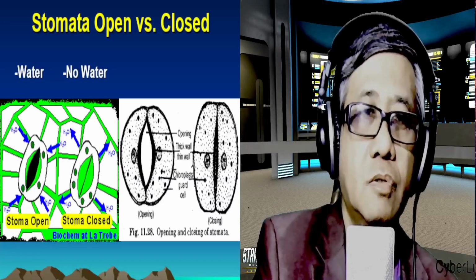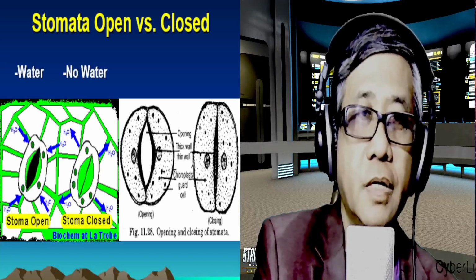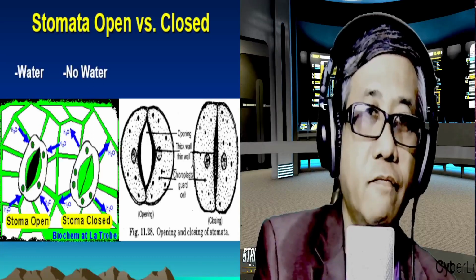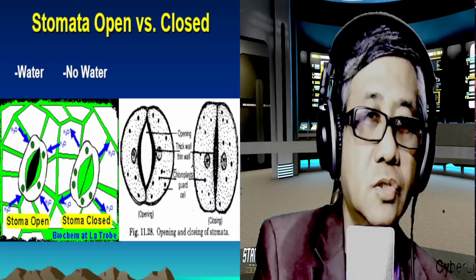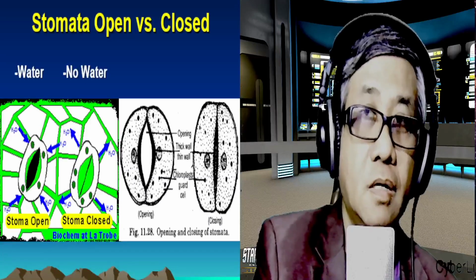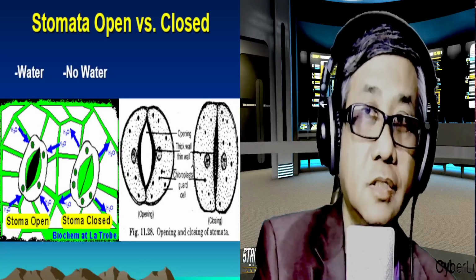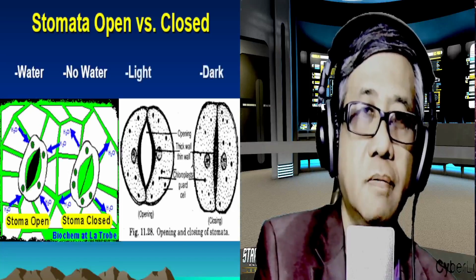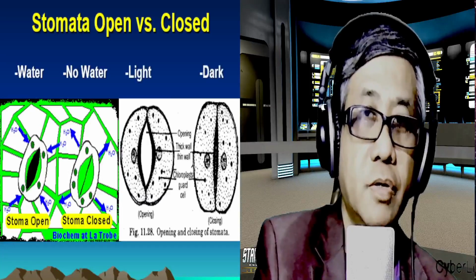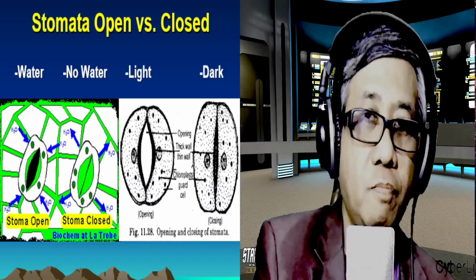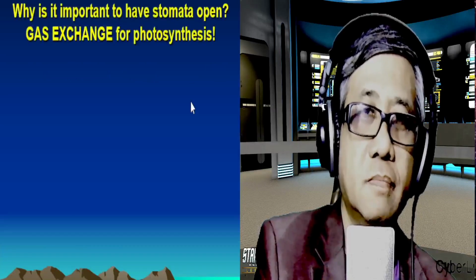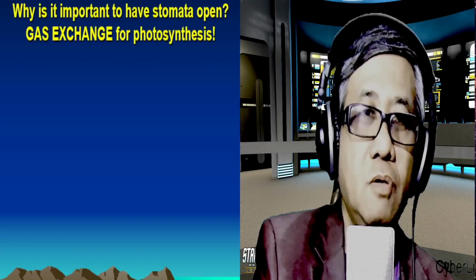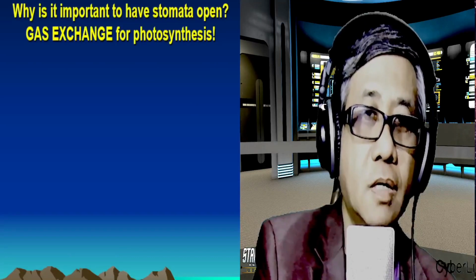The stomata opens if the guard cells are filled with water, and the stomata is closed when the guard cells lack water or are dehydrated. Also, in the presence of light, the stomata opens, and in the dark, the stomata closes. So again, why is it important to have the stomata open?